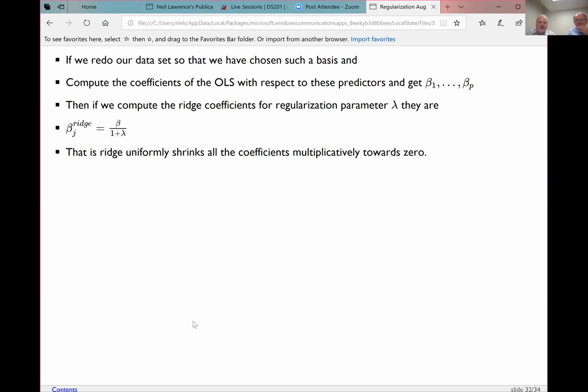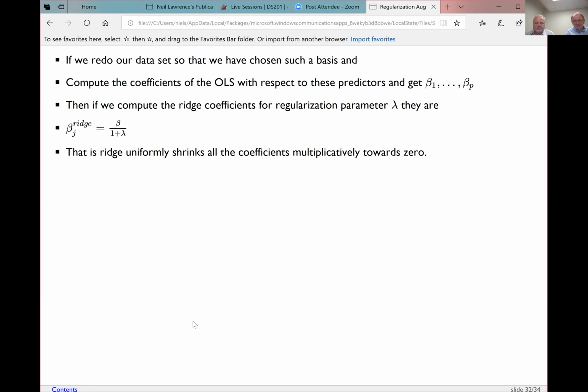Okay, so if you take any data set on which you want to perform ordinary least squares and change your predictors so that you're using this PCA set, so that your predictors are uncorrelated, then you can run ordinary least squares and you get your coefficients.